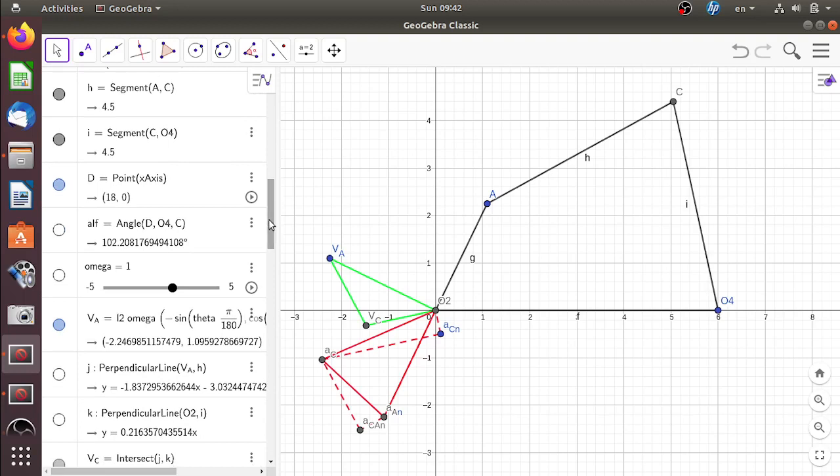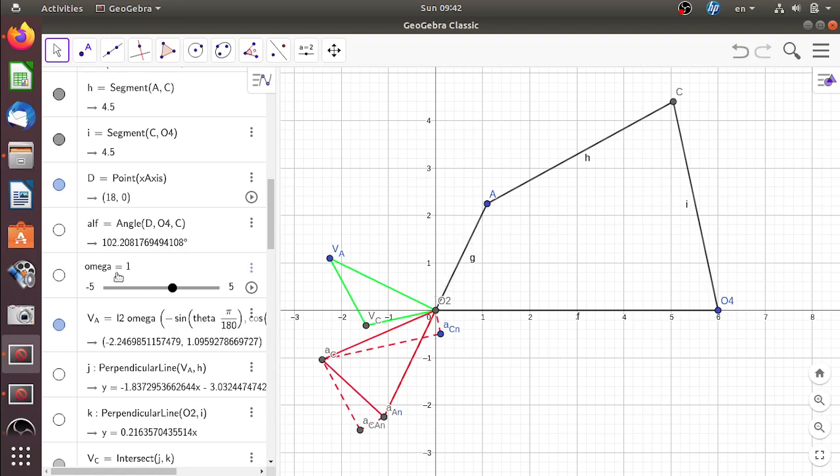In addition, we require an angular velocity of any of the links. So here we have assumed the angular velocity of link 2 is equal to 1 radian per second. Here I have mentioned it as omega, but it is also known as omega 2, because it refers to the omega of link 2.